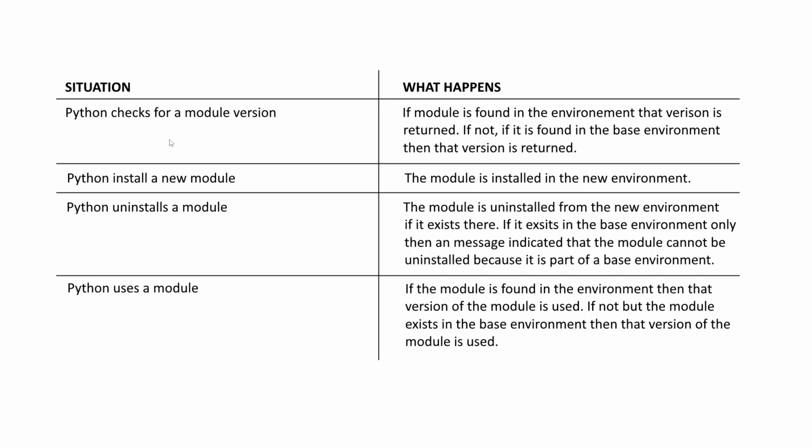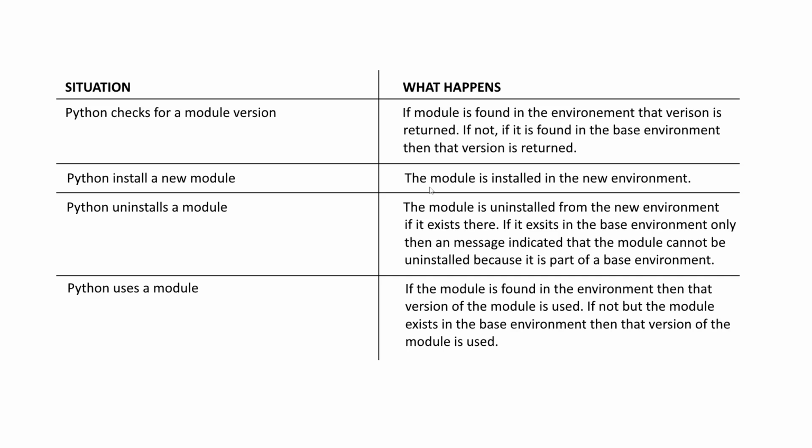If we do an install of a new module, any installs of a new module always get installed to the active environment, not the base environment. And as we know, that's where Python looks first. So that means if you install a module that wasn't in the base environment, it's going to be available in the new environment, so you're good.